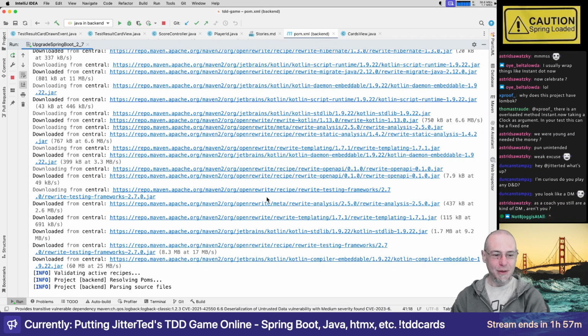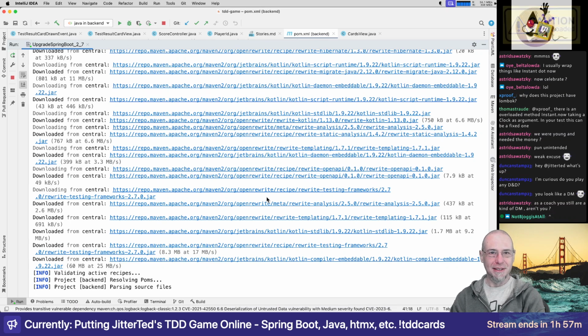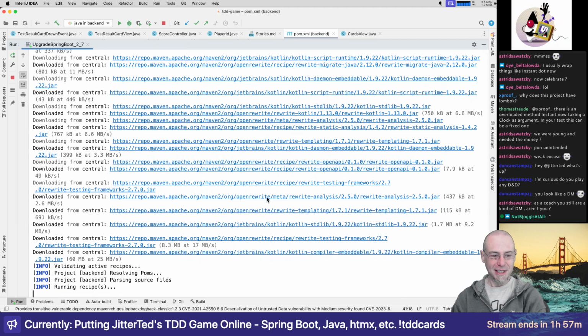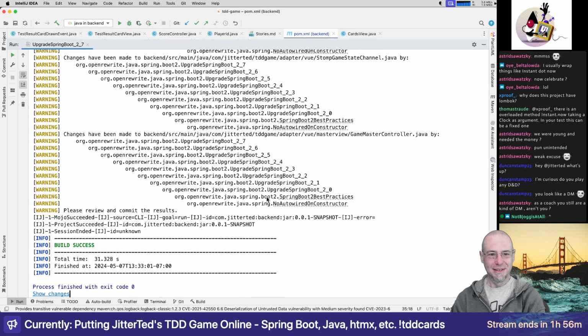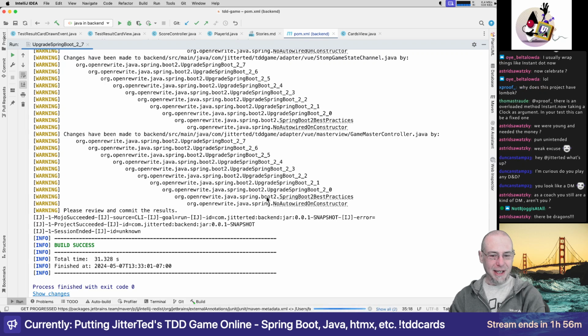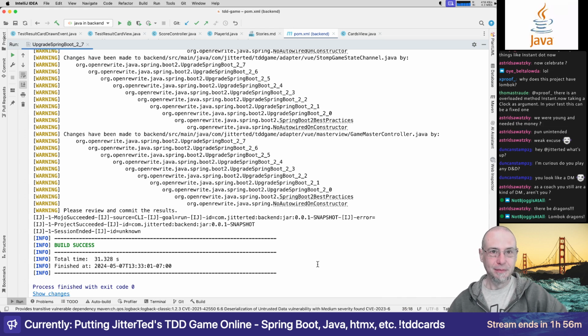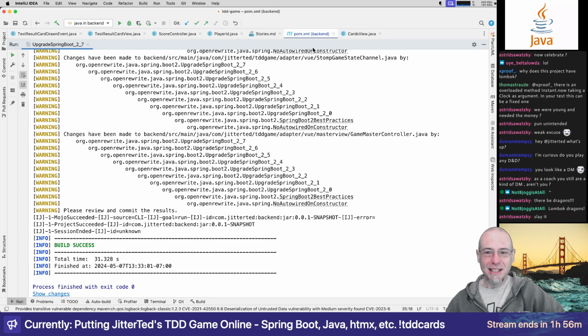Hey, look at that. It's now validating active recipes. Running recipes. And now IntelliJ's reindexing everything. But that looks like it worked. Yes, Lombok dragons, those are the worst. All right, so that seemed to work.